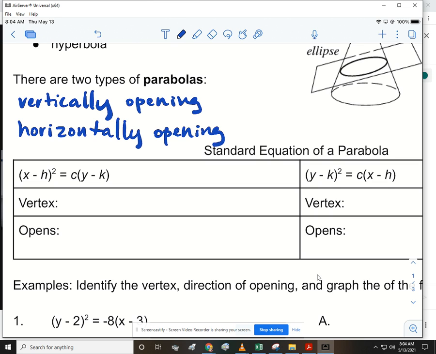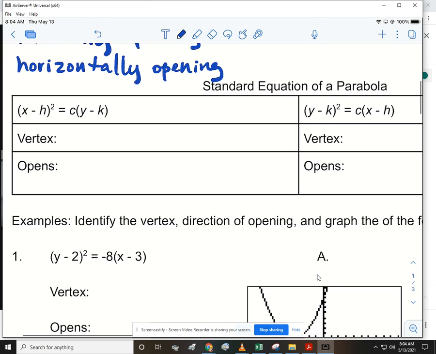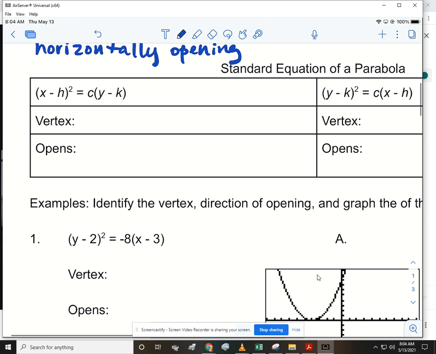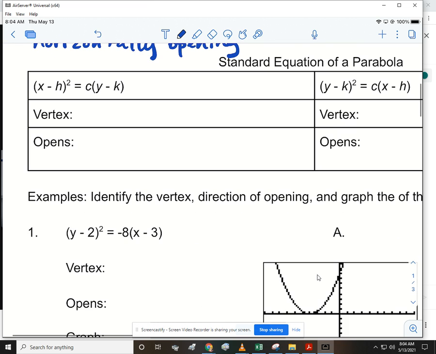The standard equation of a parabola, when we're talking about it as a conic section, is a little different than the quadratic one. We have two different types. In the first type, the x is what's being squared, and in the second type, the y is being squared.